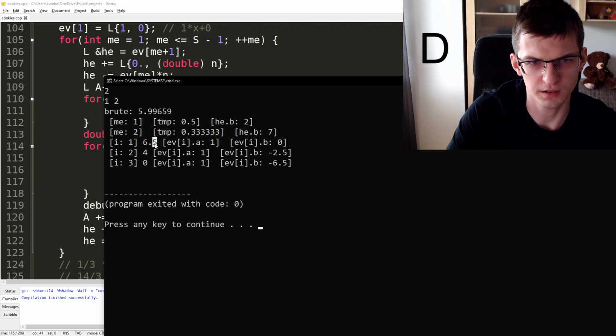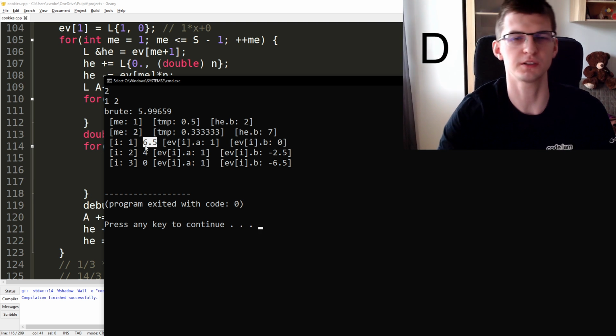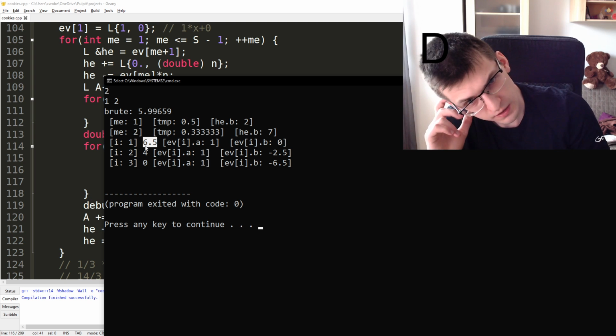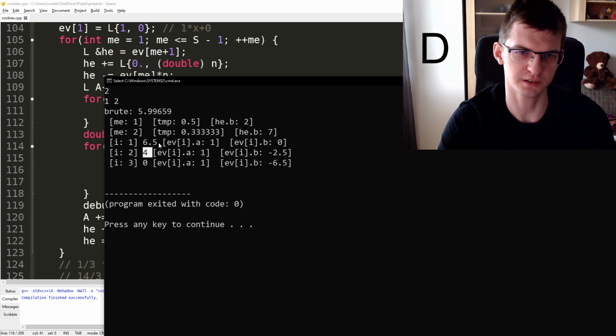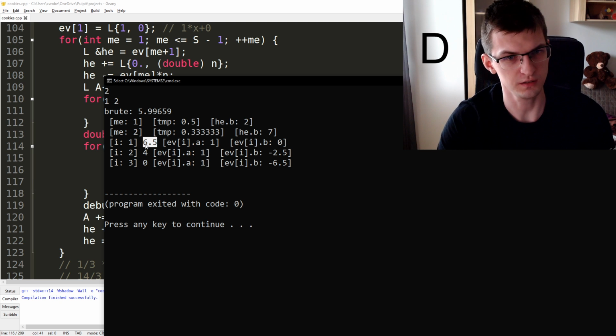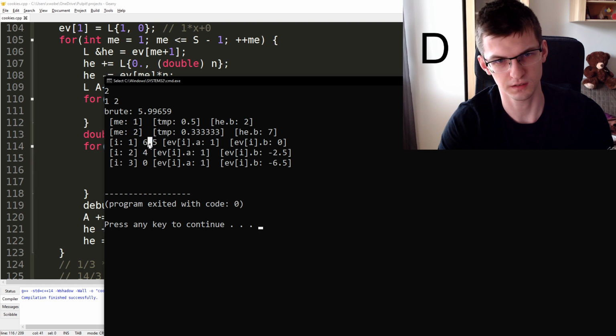Is that correct? I claim my program thinks that we get here with probability 2/3, if I remember correctly, and otherwise this. So right now my program thinks the probability is 2 times this, 13 over 3, 17 over 3, 5.66 I got.